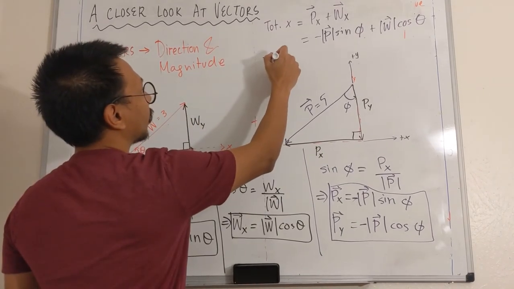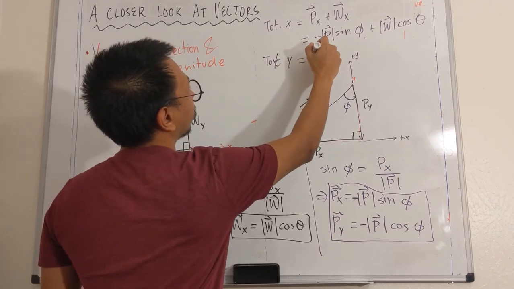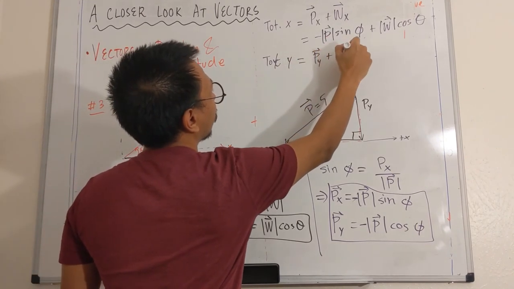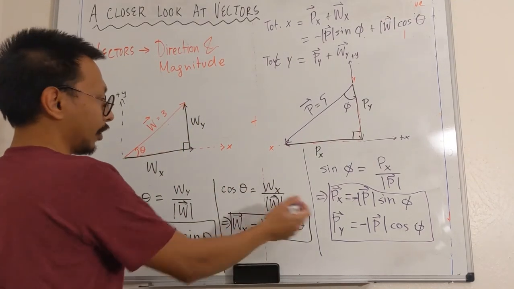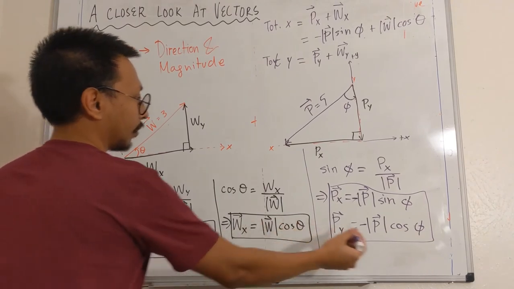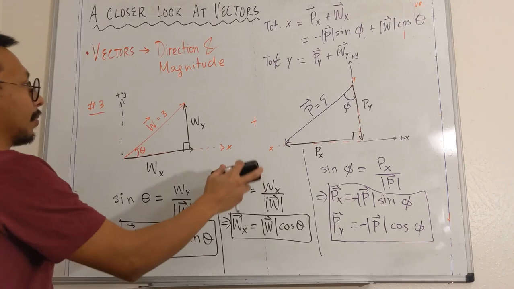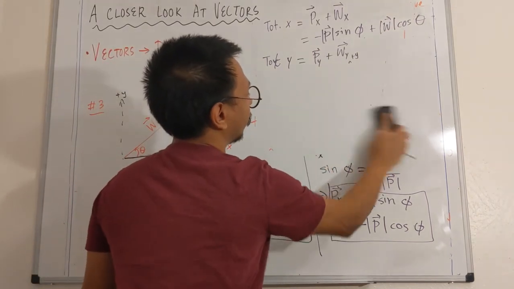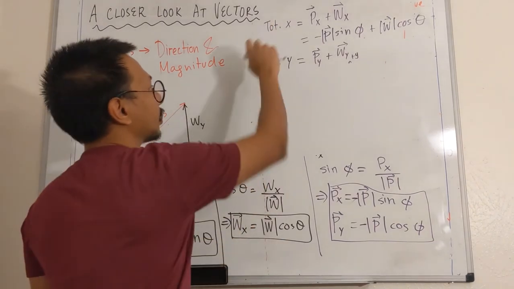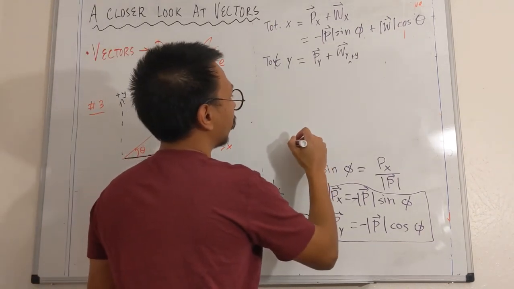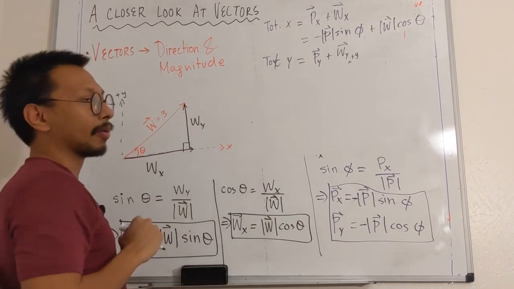Similarly, the total y would be py plus wy. Okay, you will just add wy to py. Now what happens is, since you have a total x and a total y, this will give you the total triangle after adding the two vectors w and p.